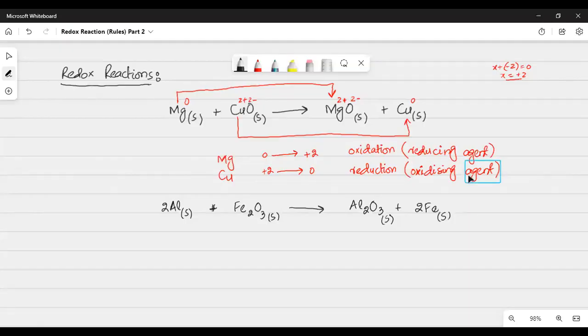When I see the answers to oxidation, reduction, reducing agent, oxidizing agent, it is all correct. But the error I find in all of this is that on your left-hand side, the oxidation state for iron has not been correctly calculated. Now, let me do it here for you.